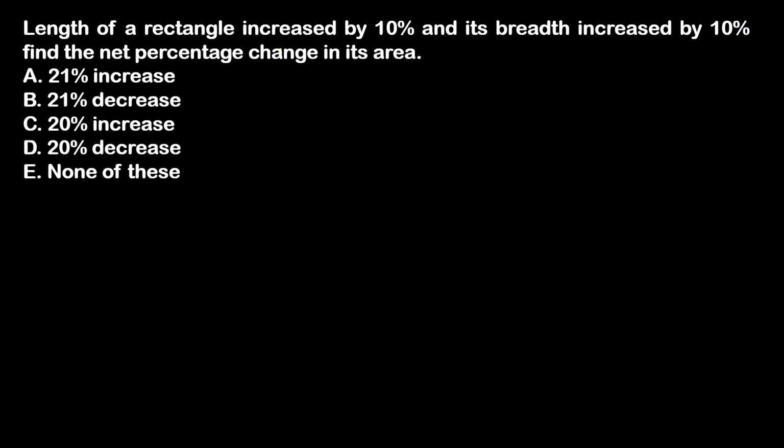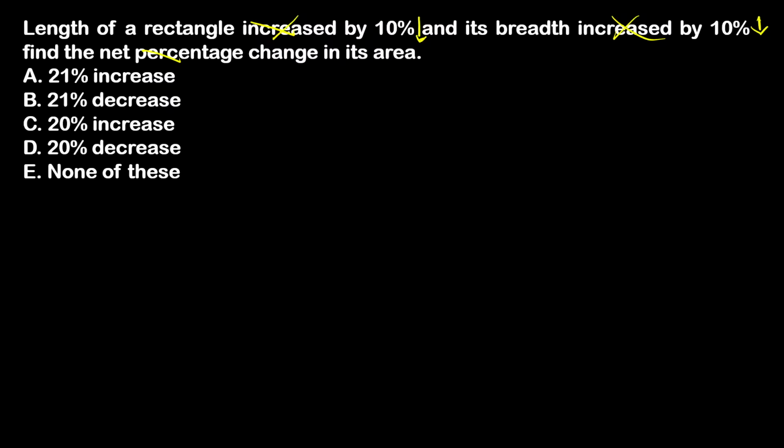Now, let us do one thing. Instead of increase, the length of the rectangle decreased by 10 percentage and its breadth decreased by 10 percentage. What if both the values are decreased? Length is decreased, even breadth is also decreased.